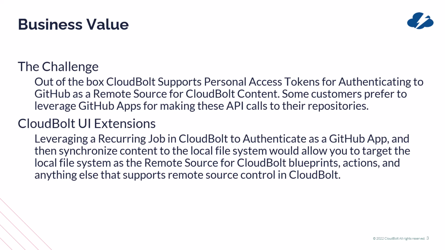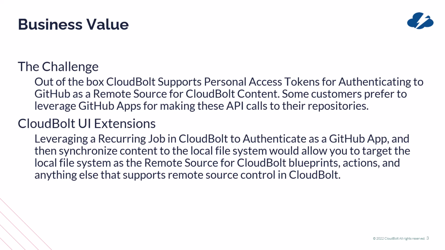So we're going to go through setting up to meet this challenge. I've put together a recurring job in CloudBolt that will take in an app ID and a private key for your GitHub app. And then it will use that information to reach out to the repository that you've specified, the branch that you've specified, to pull down content to the local file system.